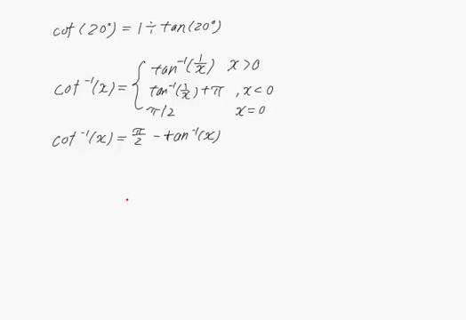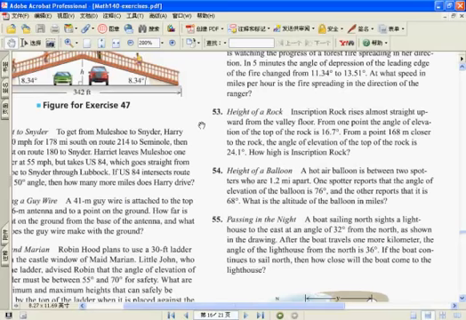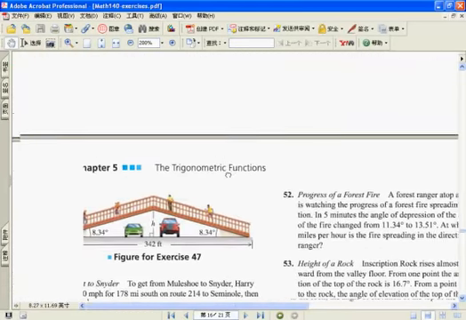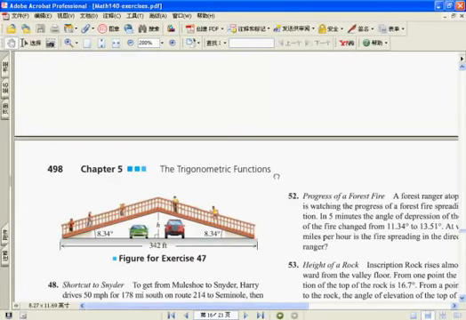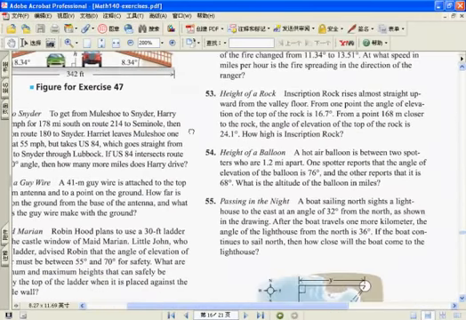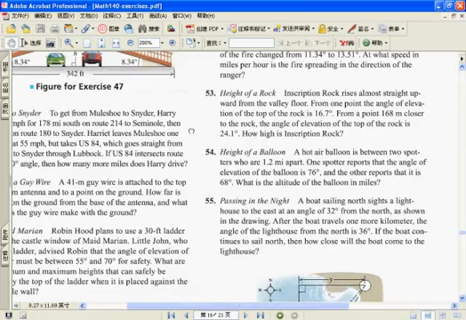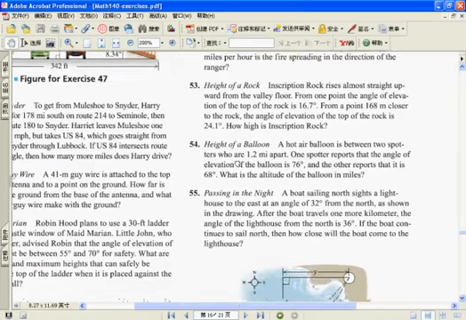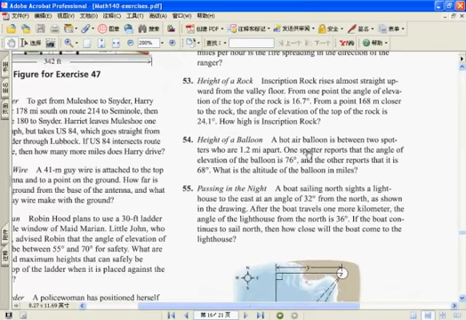Okay, let's look at problem 54, on page 488. Some guys have trouble with this problem in their quiz. It's about the height of a balloon. It says a hot air balloon is between two spotters who are 1.2 miles apart.